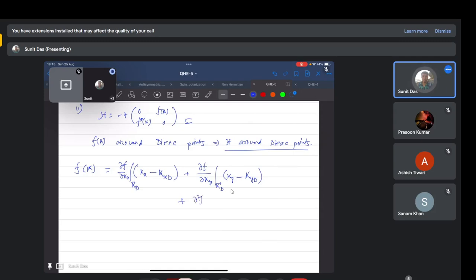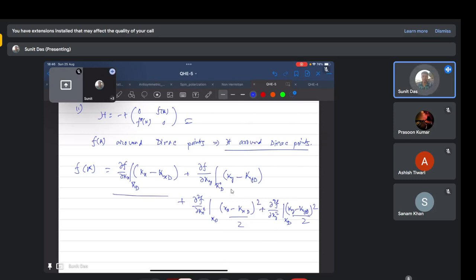This will have del 2f del kx2 at kd, kx minus kx d squared, plus del 2f del ky2 at kd, ky minus ky d squared, by 2, and so on.